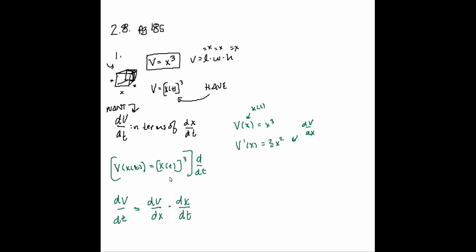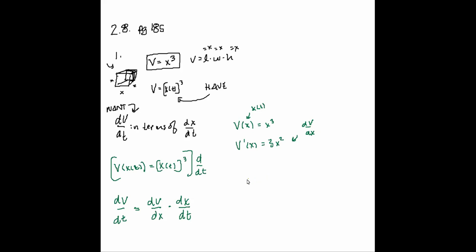If you remember when we were doing the chain rule, we would have a function that looked like this, where V is equal to x cubed. Or here, I'll rewrite this in a different way. I'm trying a substitution, you mean?